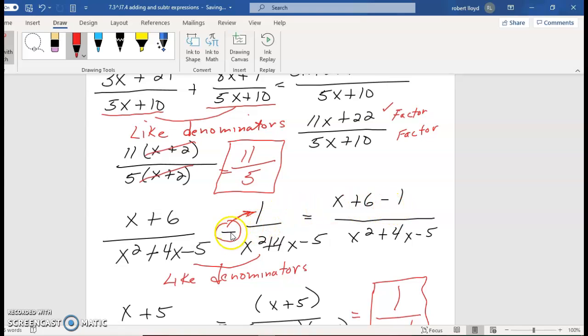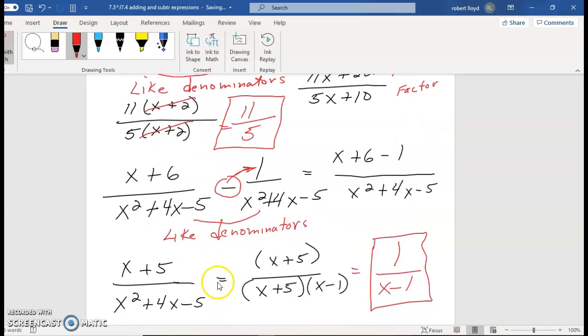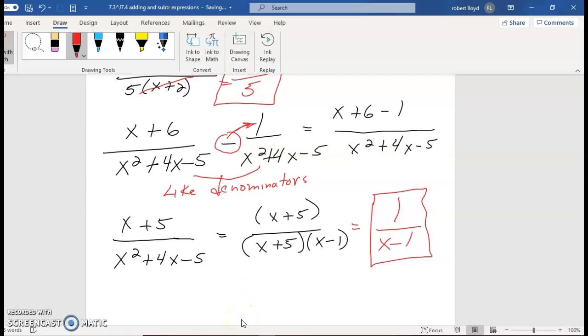The minus comes from the subtraction. So that leaves us x plus 5 over the denominator. So if we factor the denominator, we find that we have a numerator and a denominator that match, so we can cancel that. So our final answer is 1 over x minus 1.